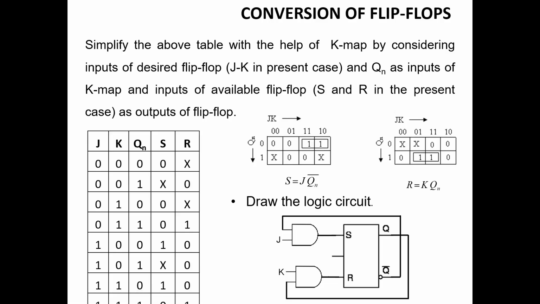Similarly for S the input will be J Q bar. In this way, with the help of the combinational circuit and the available flip-flop, we can obtain the response of the desired flip-flop.